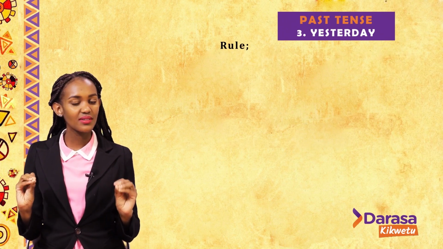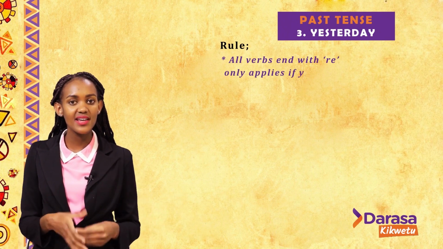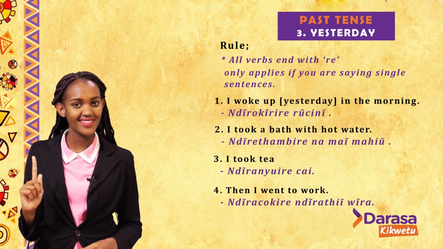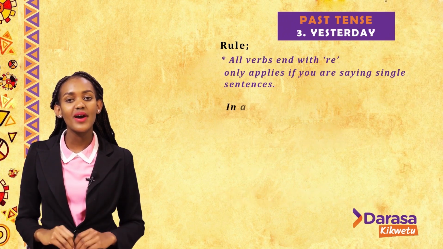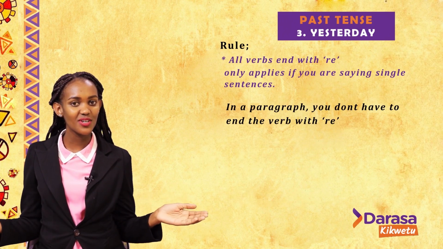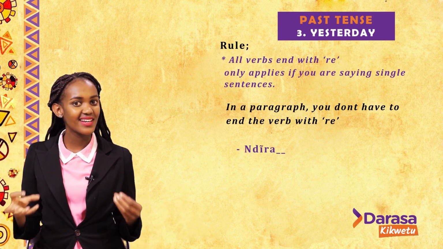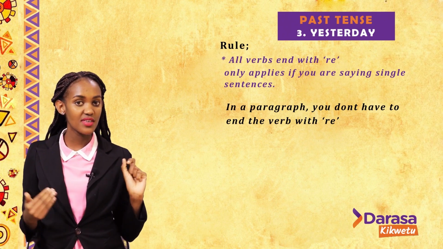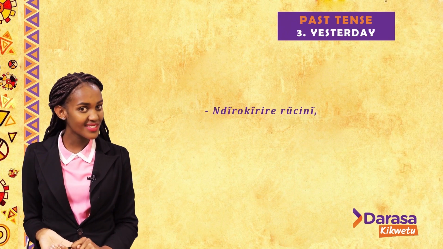So, the rule that every verb must end with re will only apply if you are saying one sentence. But in a paragraph, you can always say nda, nda. You don't have to end your verb with re. So you say ndirokirire rucini.